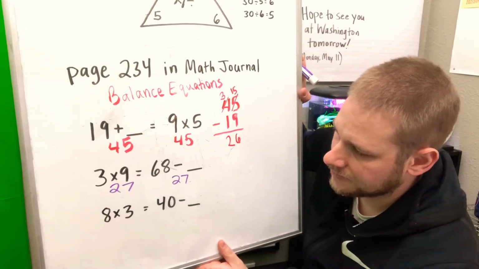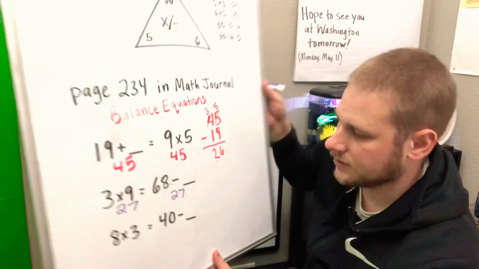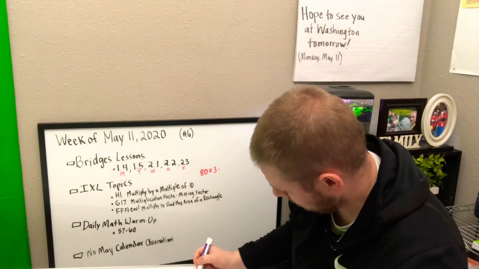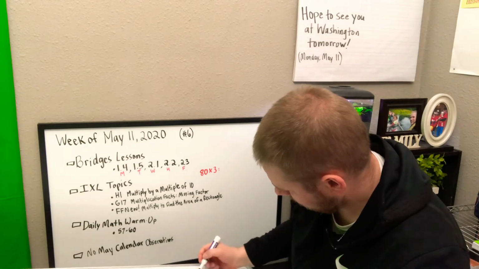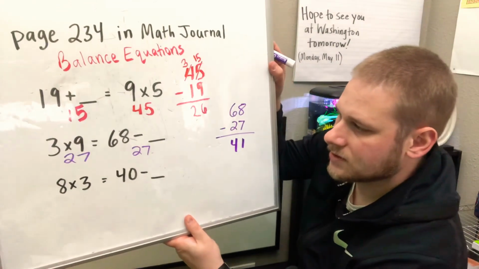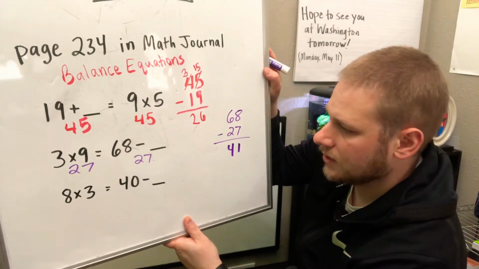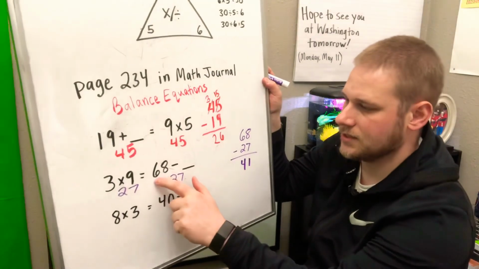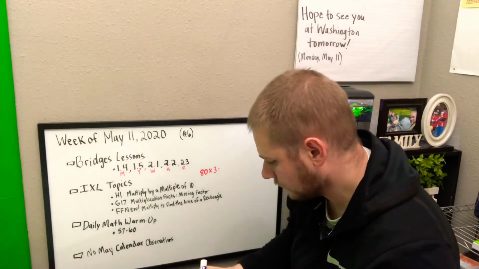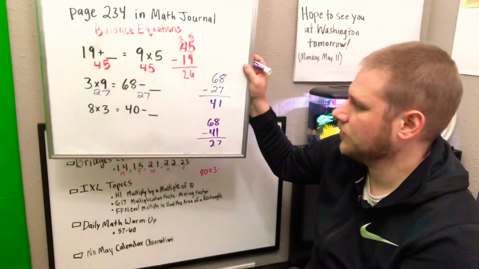So again, if we find the difference between these two numbers, the 68 and the 27, that should give us the answer. And you can see there when I did 68 minus 27, the answer I got is 41. And you could check your work. You could say 68 minus 41 would be the 27 there.